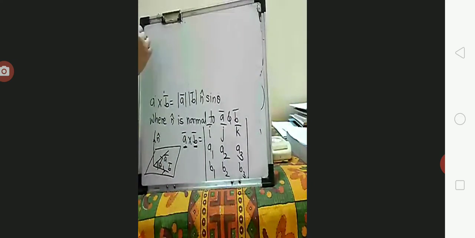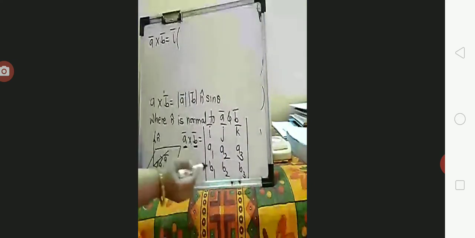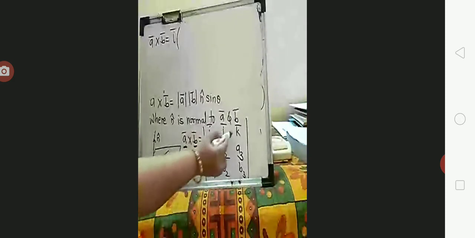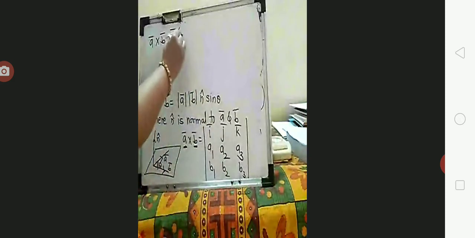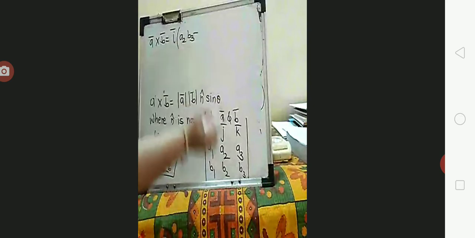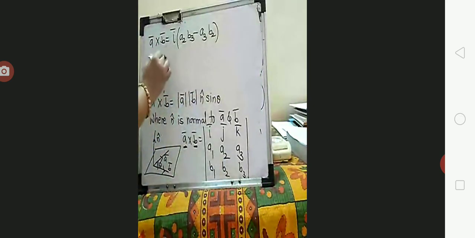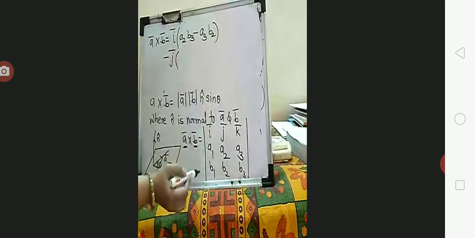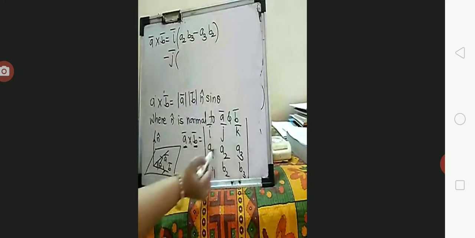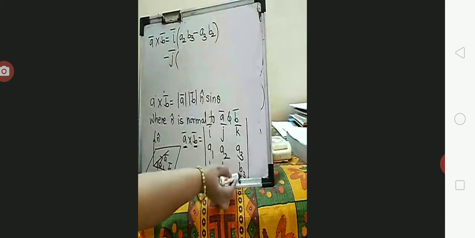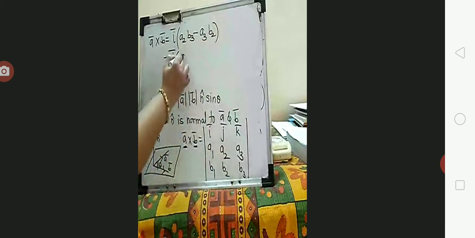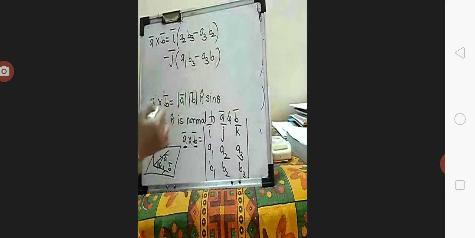So what is my cross product in this case? A bar cross B bar. We calculate the determinant. I bar times, delete this row and column, so A2 B3 minus A3 B2. Second is always negative, minus J bar. Delete this column and row. What is remaining? A1, B1 and A3, B3. So A1 B3 minus A3 B1.